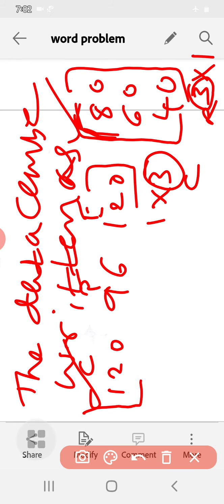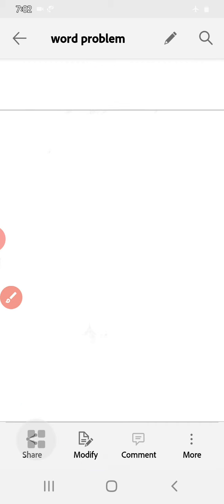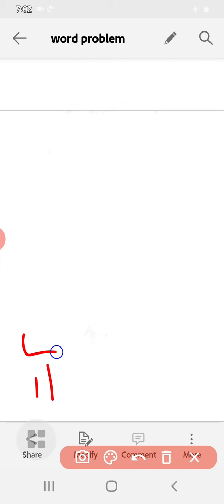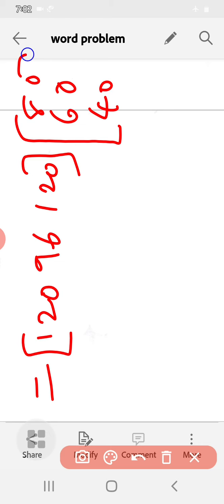So we have to find the product of these two matrices. To multiply these two, I will do that in the next step. That is equal to 120, 96, 120 into the column matrix 80, 60 and 40 rupees.